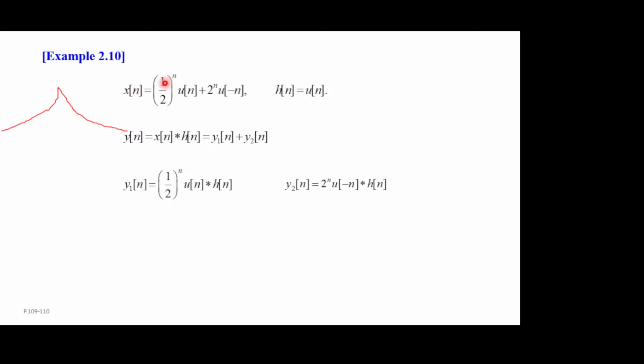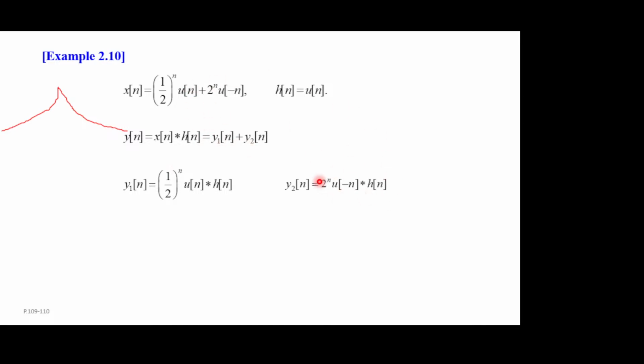So y of n is x of n convolved with h of n, and because x is a summation of 2 parts, y will just be the summation of the corresponding 2 parts: the convolution of the first part plus the convolution of the second part.